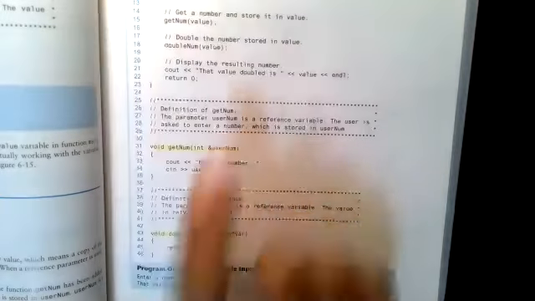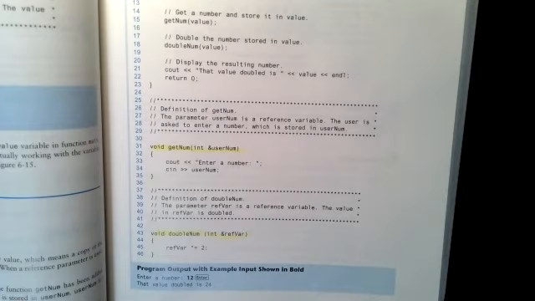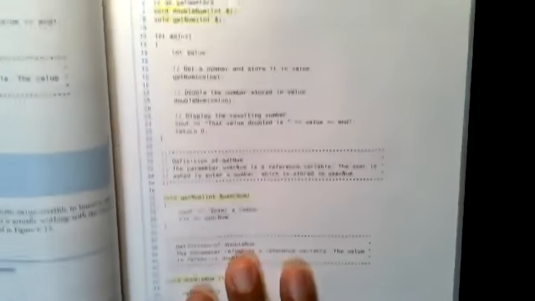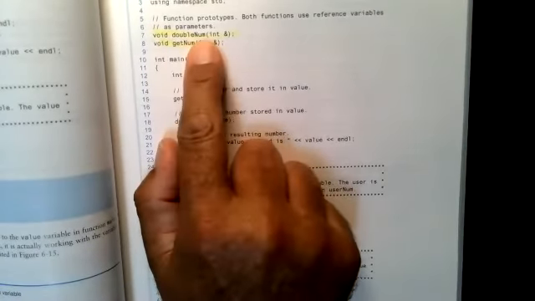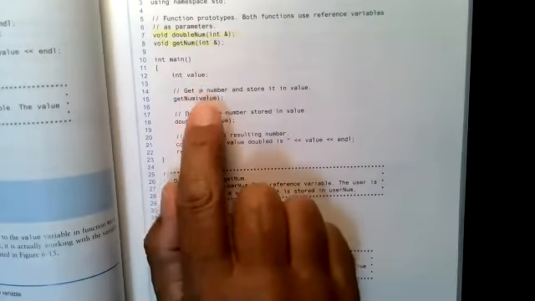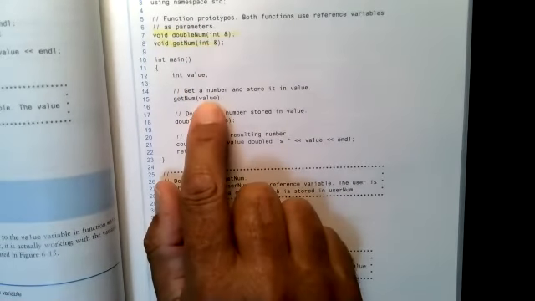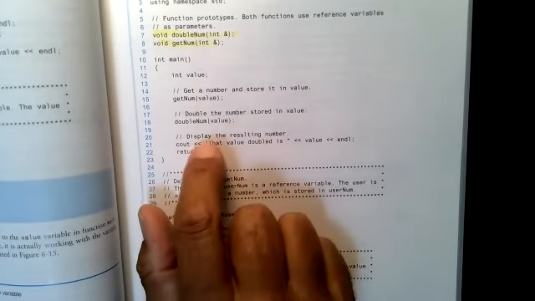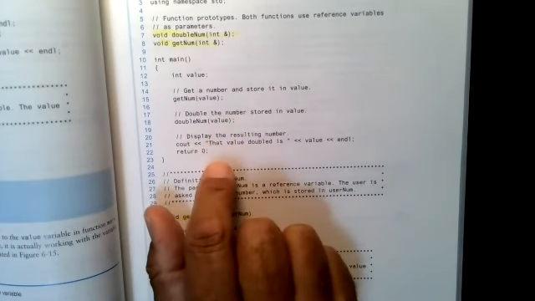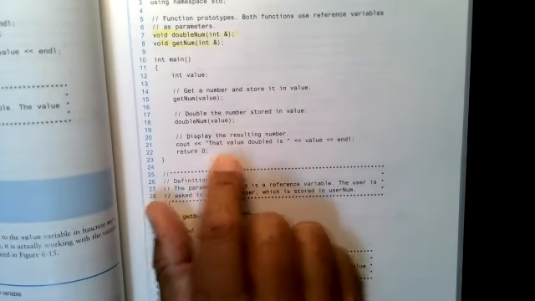What goes back is the address, and when I use it later, it'll actually have the good value for me. So when I come up here and I say get number, it's a reference variable. I pass in val, it's going to fly over, val comes back, and I'm able to send it into another one, double it and come back, and I can print it out.